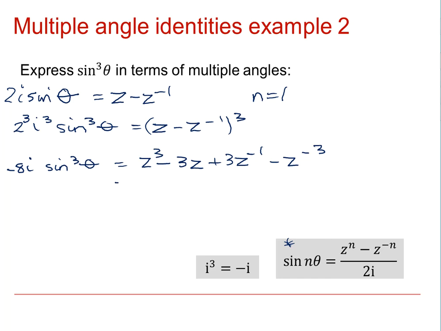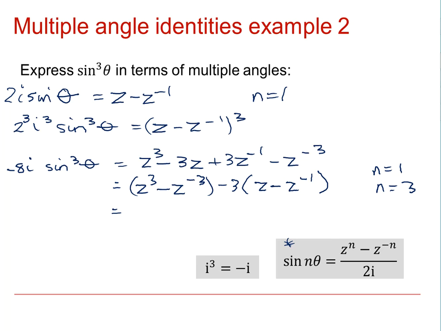I can regroup those as being z cubed minus z to the minus 3 minus 3 lots of z minus z to the minus 1. And you can see that again I can use that formula with n equals 1 and n equals 3 to rewrite that as 2i sine 3 theta minus 6i, because of that factor of 3, sine theta.